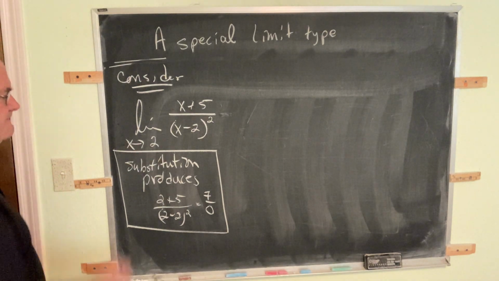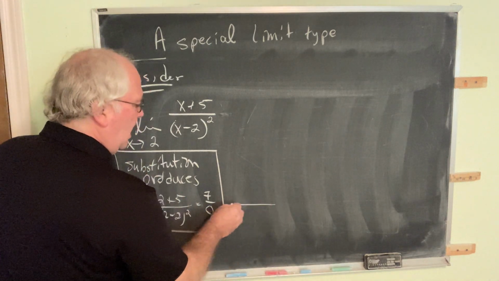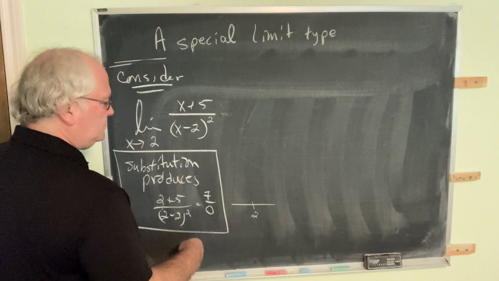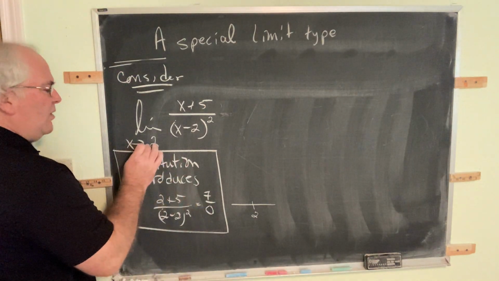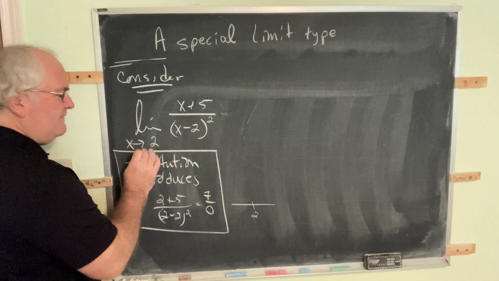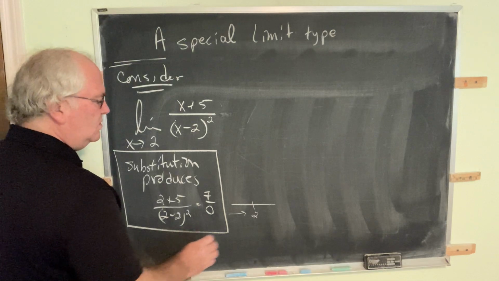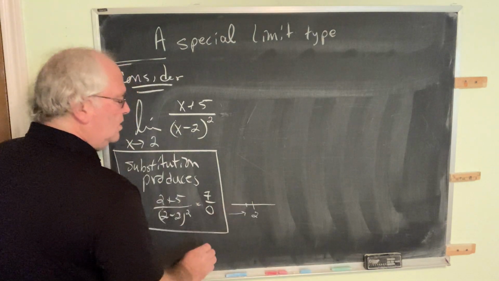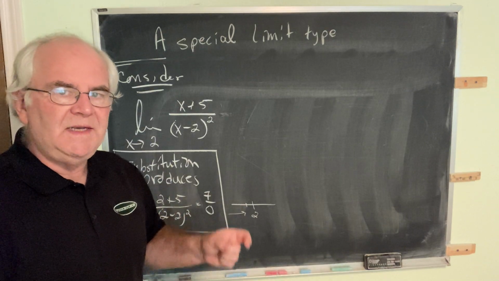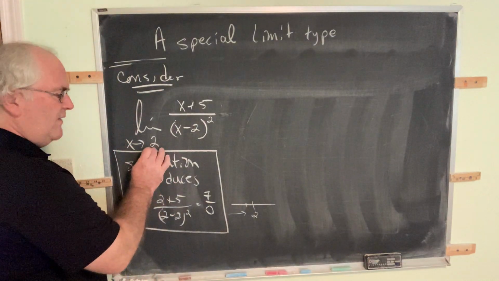So here's the deal. Where x is approaching 2, think of the number line. Here's 2, and the x value is approaching 2. Well, approach from the left and approach from the right. If you approach from the left, a number very close but less than 2, we will, for our purposes, simply choose a value 1/10 of a unit away from the value of a.